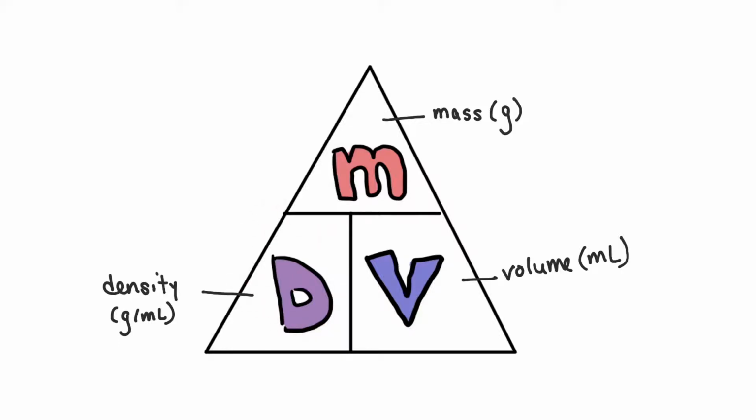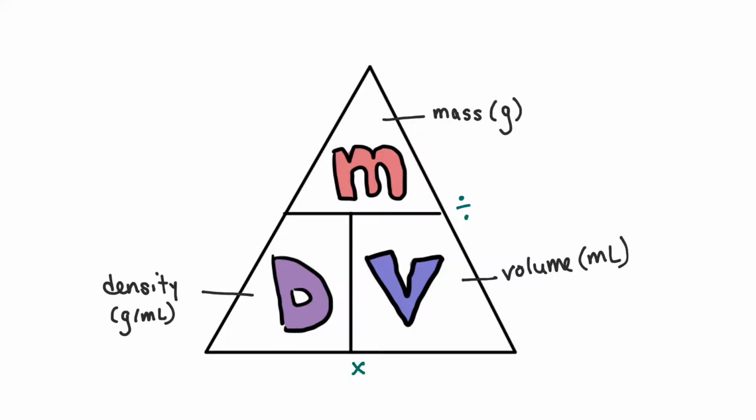So the way the triangle works is if the objects are over and above the things that you know, and we were trying to find out density, it would be equal to mass divided by volume. But say we knew the density and the volume, and we wanted to find out the mass, then the formula would be mass equals density times volume.